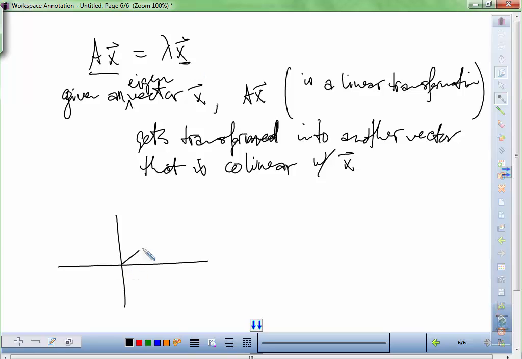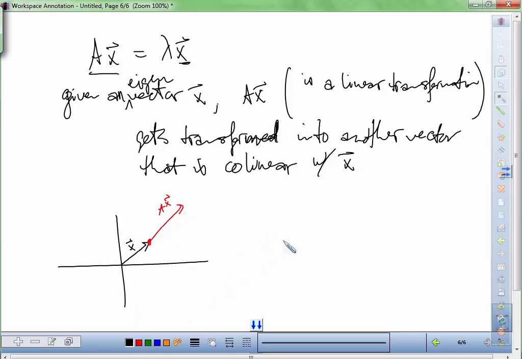So if you had a vector x like that, then Ax should look something like this. Usually they put it head to tail, so that they can see that if it's generally pointing in the same direction, and this isn't really drawn like that, we'll just pretend that they're pointing in the same direction, then it's an eigenvector.